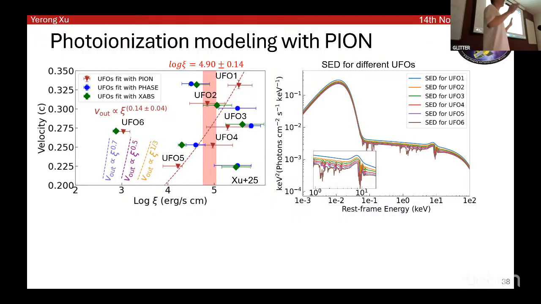It's very complex. And the third piece of evidence for why we cannot give a conclusive answer is that when we estimate the momentum flux of the UFOs and compare it with the radiation momentum flux, we find the radiation momentum flux is one order of magnitude lower than the outflow momentum flux, which means driving the outflows purely by radiation pressure is very difficult.